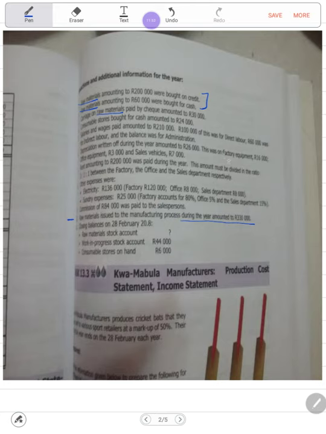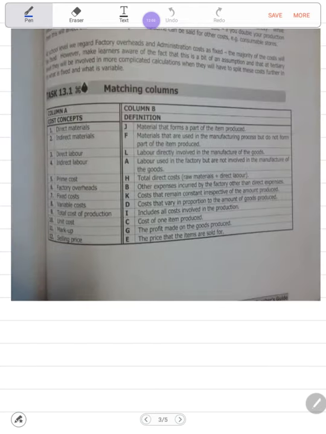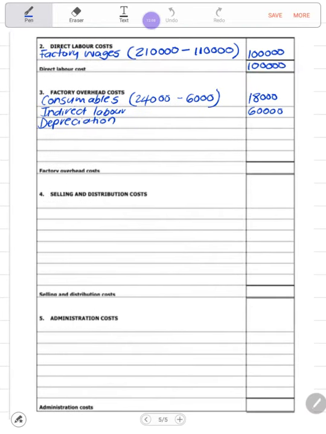This was on factory equipment 16,000, office equipment 3,000, and sales vehicles 7,000. Remember, factory overheads is only interested in the factory, so the depreciation for the factory is 16,000. I'm going to place my 16,000 over there.